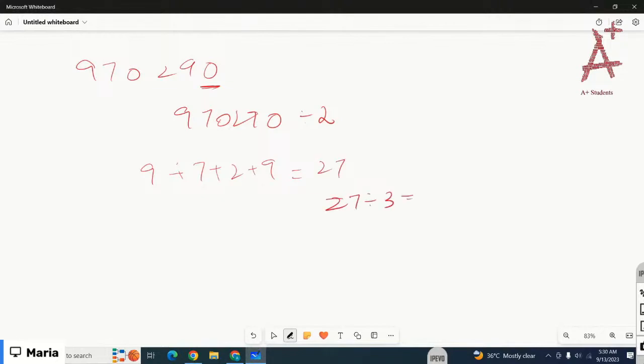Yes, 3 times 9 is 27. So the number is divisible by 2 and divisible by 3. That means yes, the number is divisible by 6.